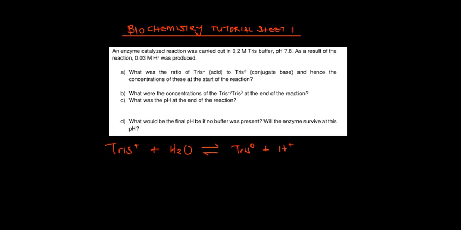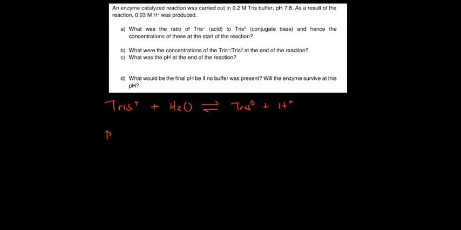Henderson-Hasselbalch equation to calculate the ratio by saying the pH is equal to the pKa plus the logarithm of the conjugate base divided by the weak acid concentration.